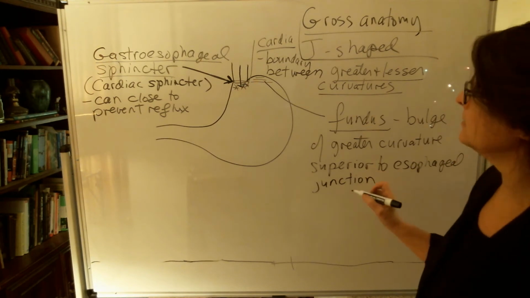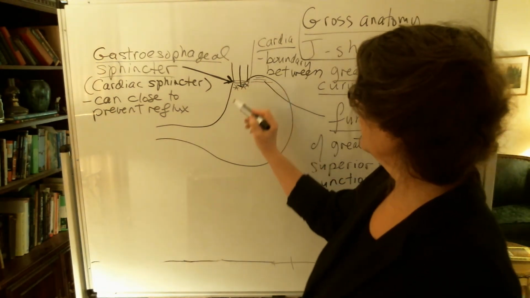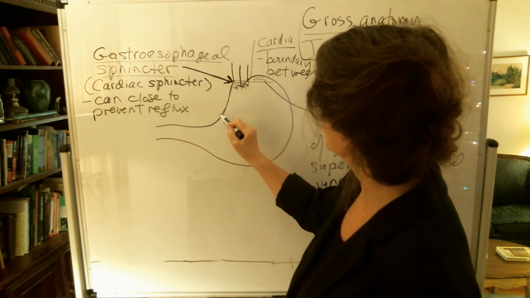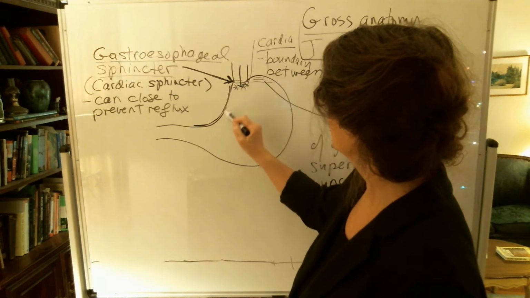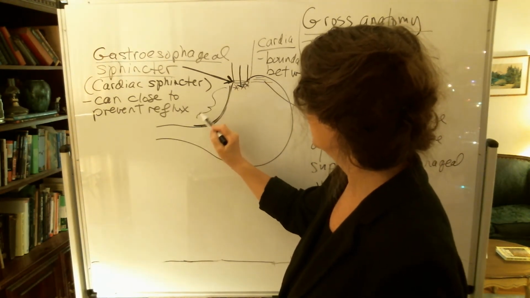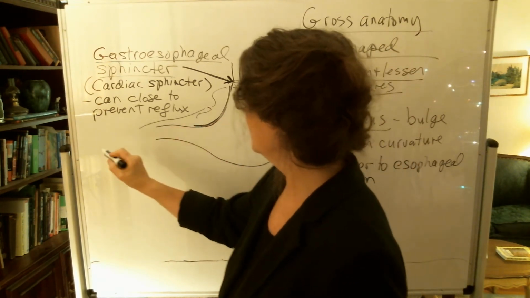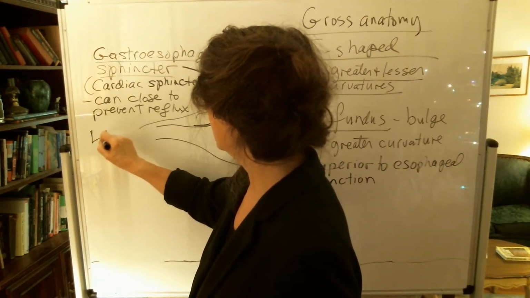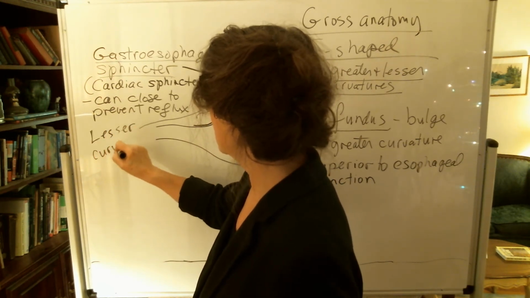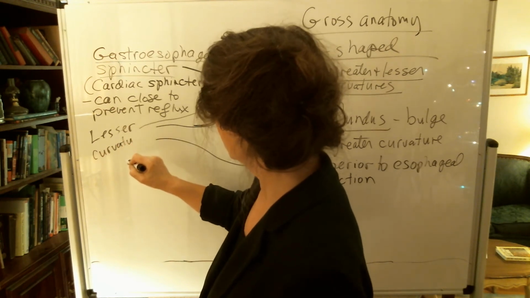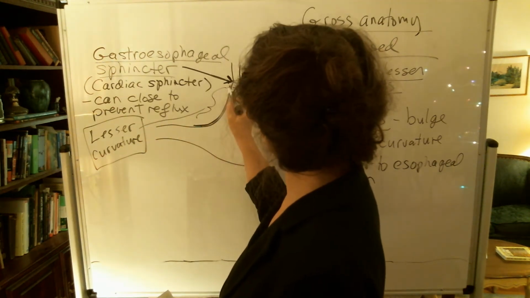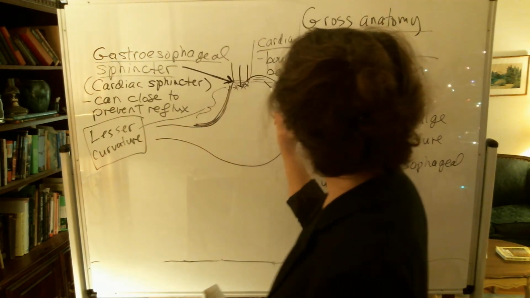Okay, now to fully explain this, I should explain that the stomach is described as having two curves. Here's a curve here, kind of a small one, as you can see. So this curve here then is known as the lesser curvature. So the lesser curvature is this curvature here.